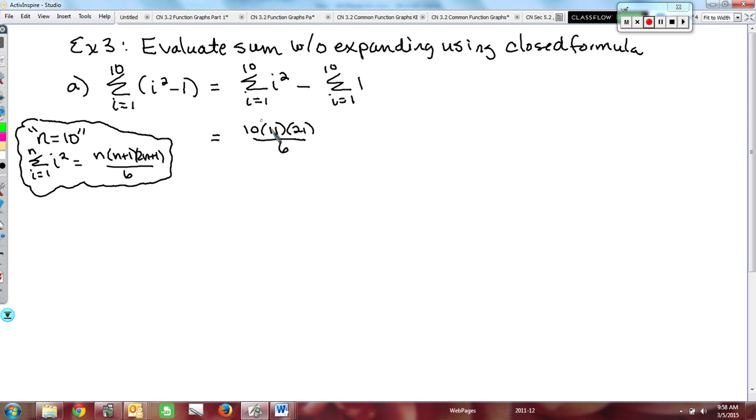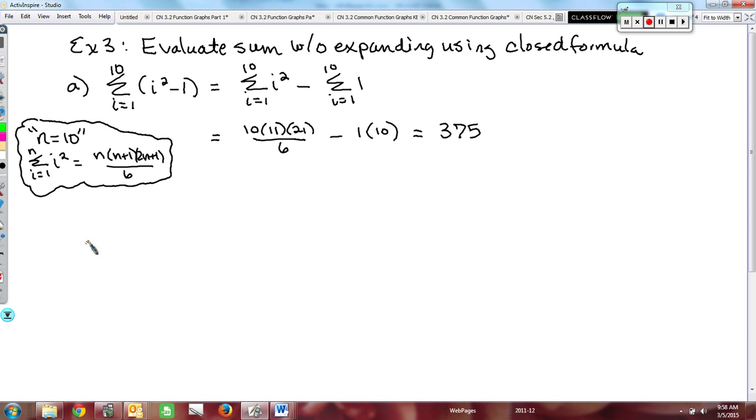That's going to take care of the first part. And this is the sum of a constant, which is nothing more than the constant times n, which is 10. So I go from here straight to here, and then you can simply calculate your sum, and it is going to be 375. And you can verify that by using your calculator.